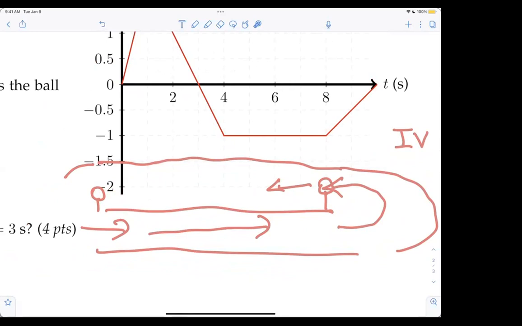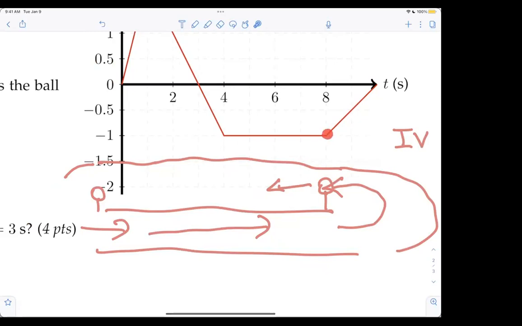Does that make sense? Anybody confused by that at all? Okay, cool. Hopefully that made sense.